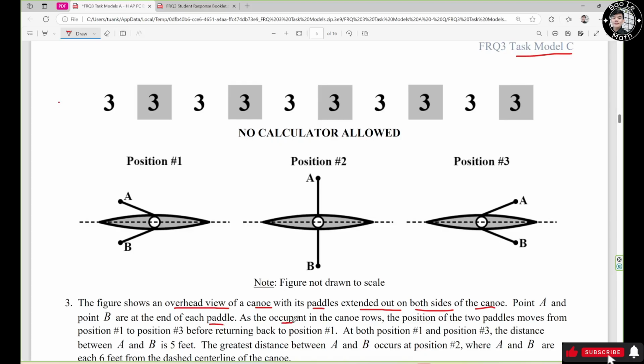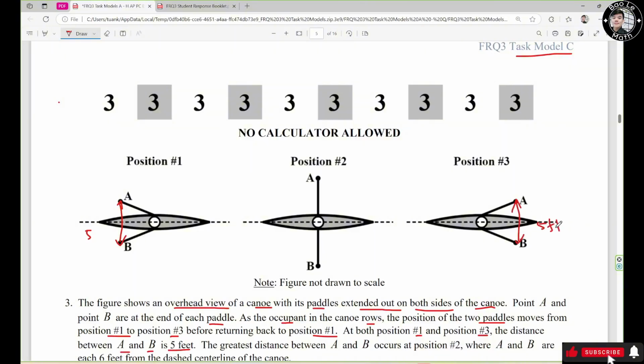As the occupant in the canoe rows, the position of the two paddles moves from position 1 to position 3 before returning back to position 1. At both position 1 and position 3, the distance between A and B is 5 feet. So the distance from here to here is 5 feet, right?